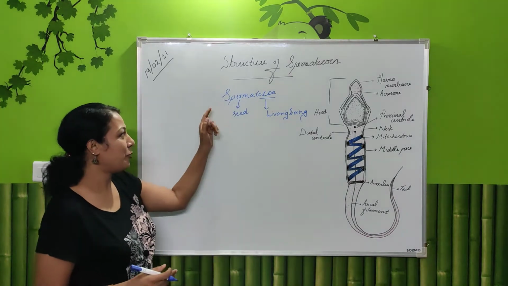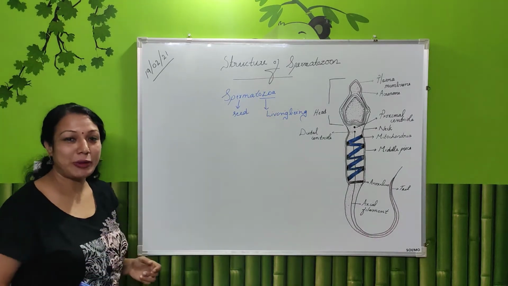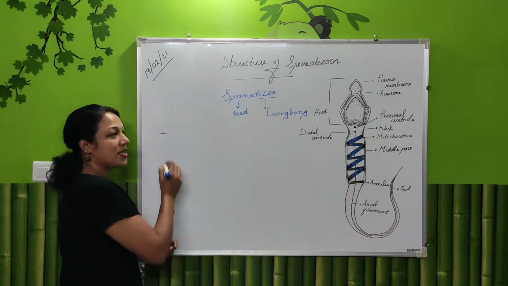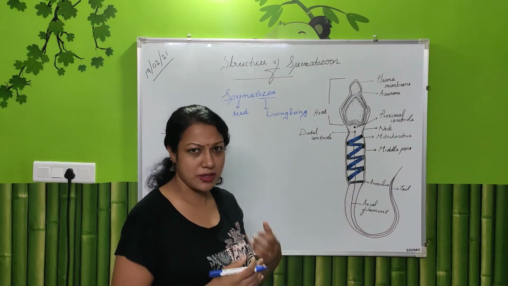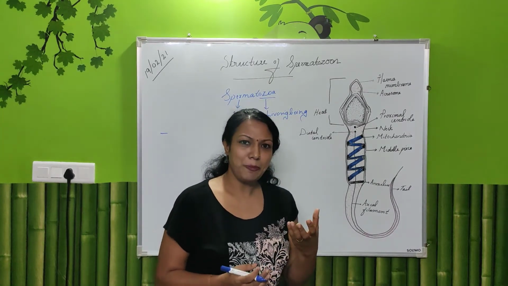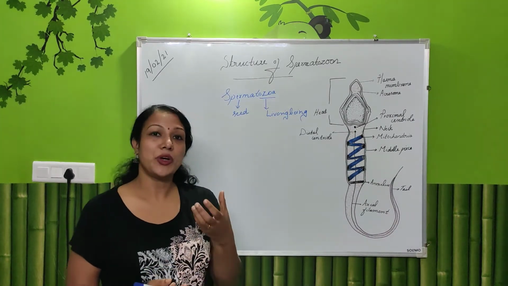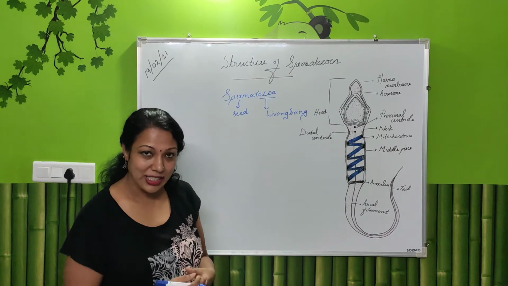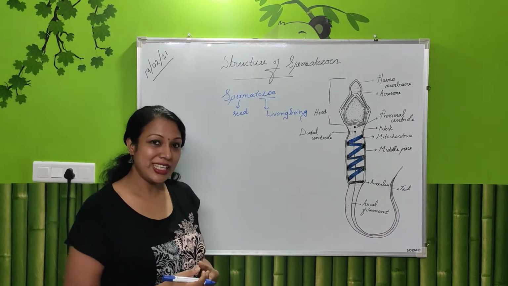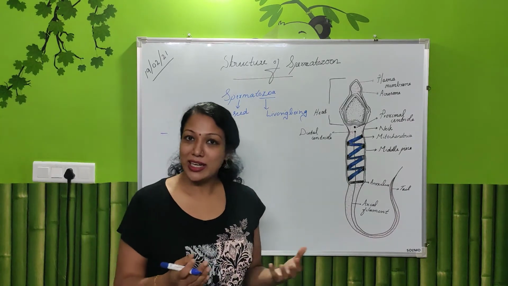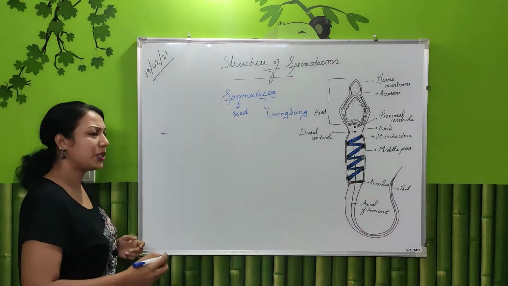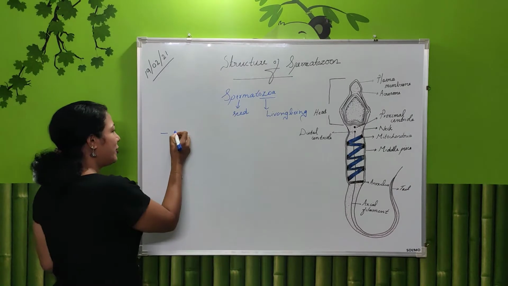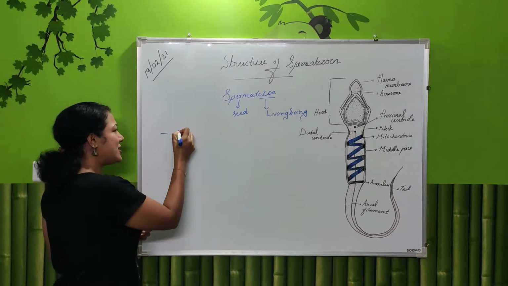Now we will go to the structure of spermatozoa. What do you mean by spermatozoa? Sperms. A sperm is a motile cell, produced by the male individual. First thing you have to understand, it is a cell.